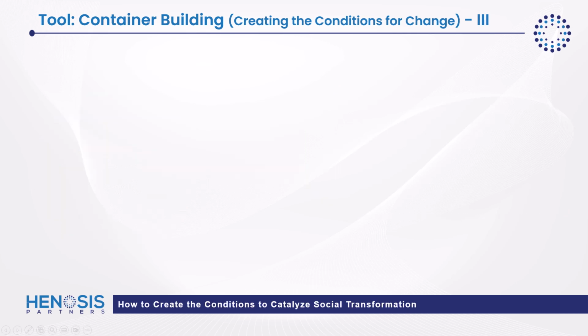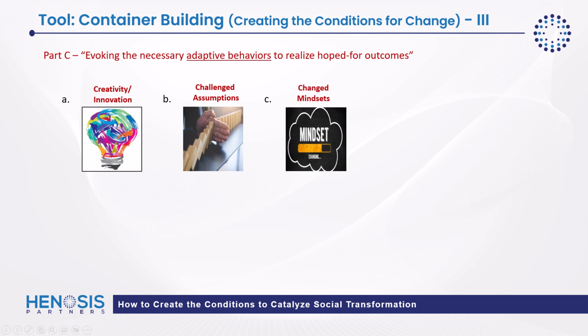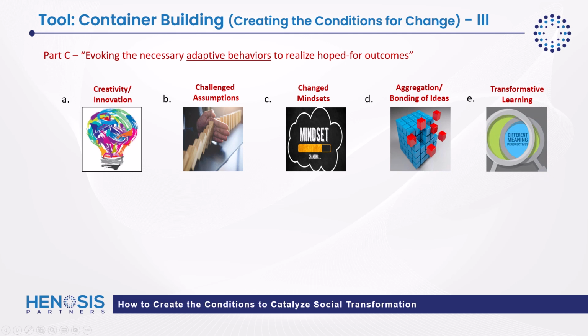Specifically, the type of adaptive behaviors that we're looking to evoke are creativity and innovation, a challenging of one's assumptions, changing of mindsets, an aggregation or bonding of ideas from you to me and me to you, and transformative learning, where we're learning about the different meaning perspectives that exist across a broader system.